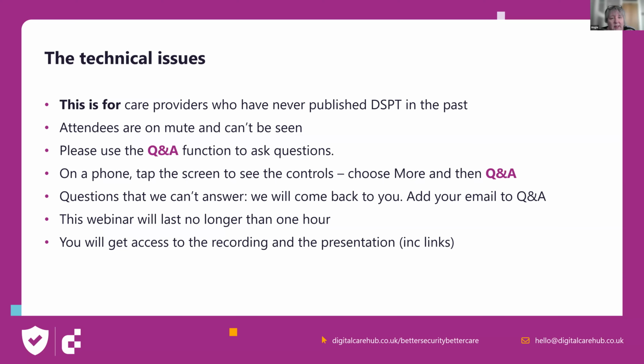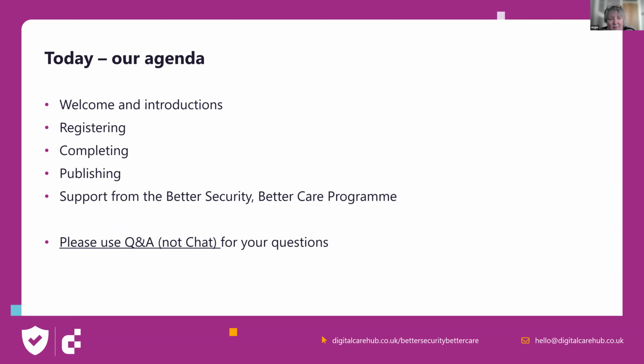If you're on your phone, you need to tap the screen to see the controls, choose more, and then questions and answers. Questions that we can't answer will come back to you. So if you add your email address to the Q&A, the webinar will last no longer than 1 hour, and you will get access to the recording and the presentation, including the links afterwards.